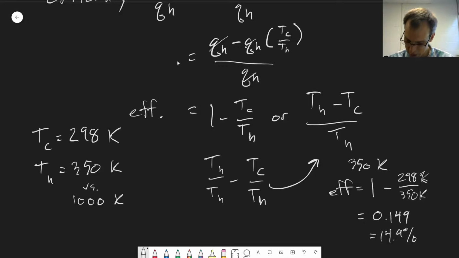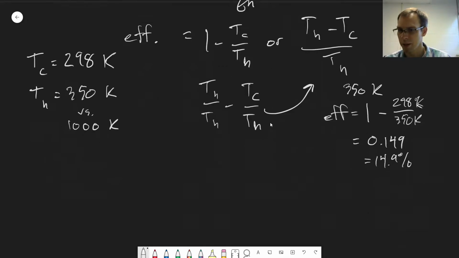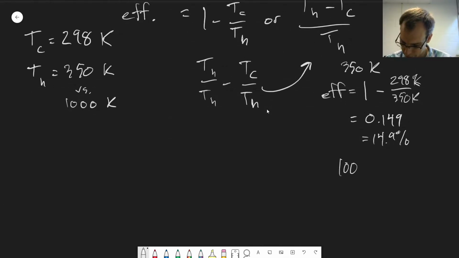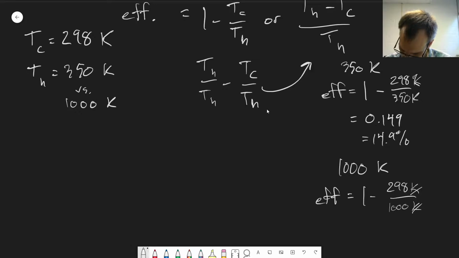So not very efficient. If we repeat the same calculation at 1,000 Kelvin, we'll get 1 minus 298 divided by 1,000. That should give us a higher efficiency.